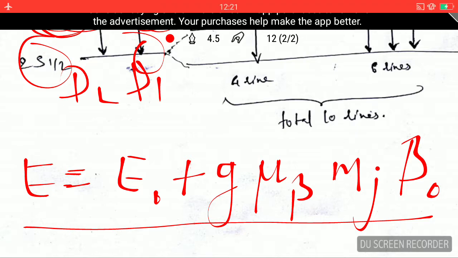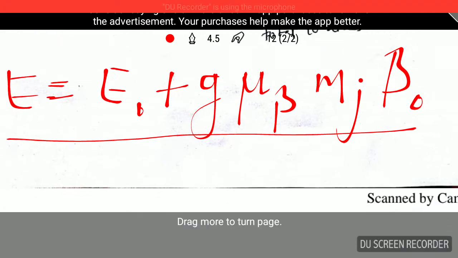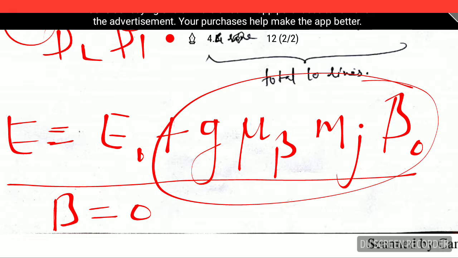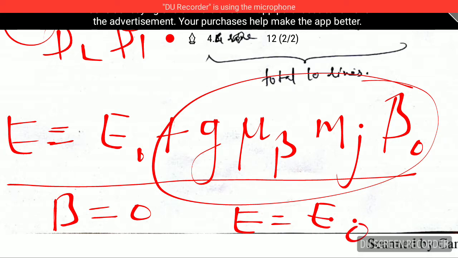When there is no magnetic field, that means B equals 0, then this term will be 0 and the energy is only E naught. That means there will be only one energy level.